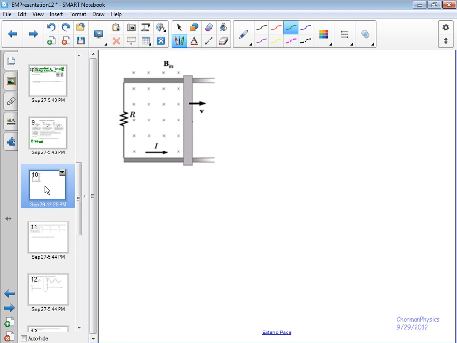If we start out with Faraday's law, we know that an EMF is induced due to a change in magnetic flux. I'm just going to drop the N right now and not worry about the negative sign. I just want to use this to show you how we got to our very first equation.